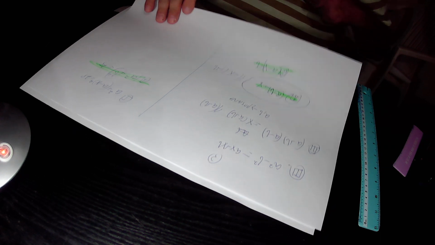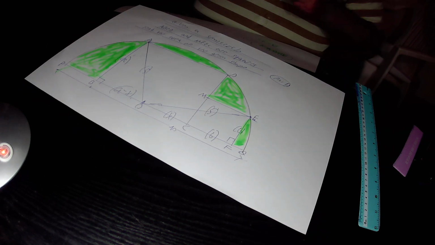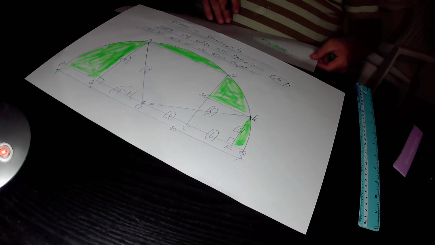Our task is to find out the area of this green shape. So what is the area of the green shape?